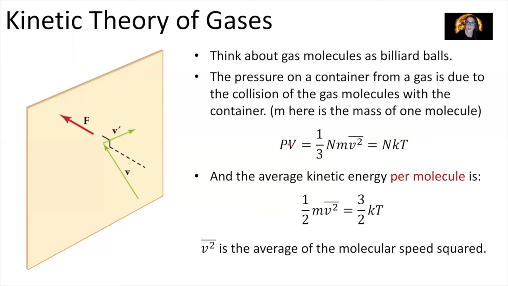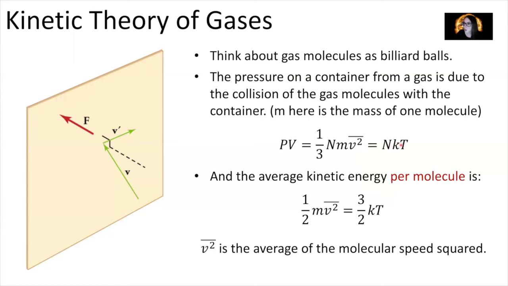Okay, and so PV is equal to 1/3 N m v squared, and PV we also know we can write as little n RT or big N kT. We have this expression here that we just derived where we've got big N on both sides, which can cancel out on both sides. And then I could bring the 3 to the other side, so then I would have m v squared equals 3 kT.